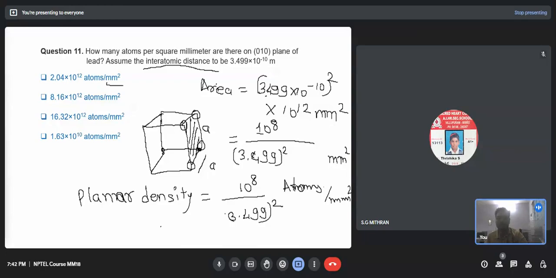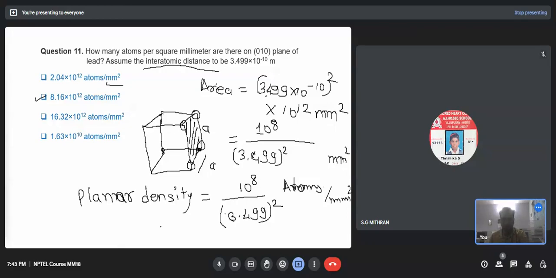After calculating this, we'll get the value, option 2.